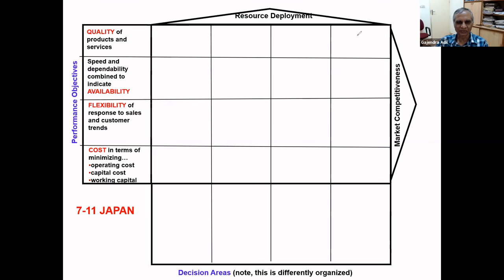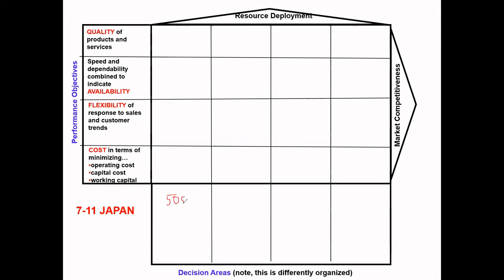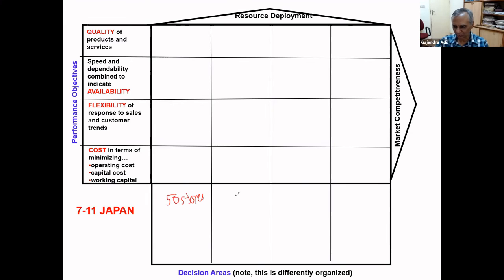Let me just put some of those you said. So there are 50 stores here. Then you have a temperature grouping policy, as you said, but I'll just put DC arrangement here. So the common DC they have, and grouping there.